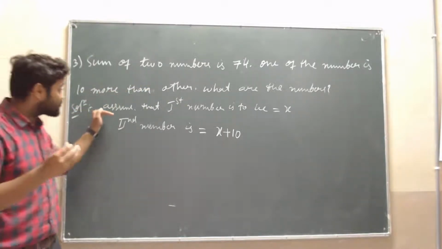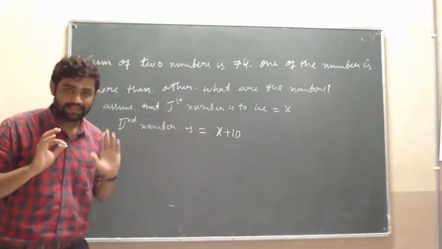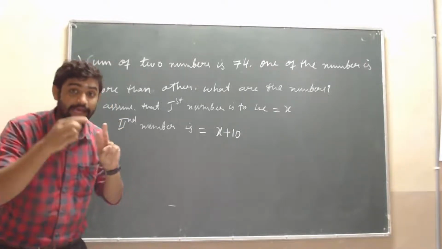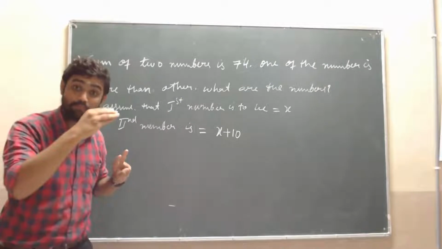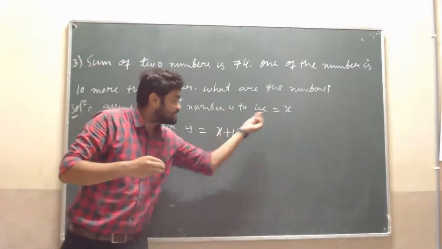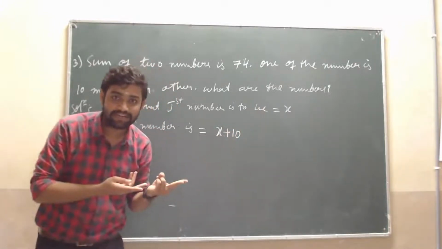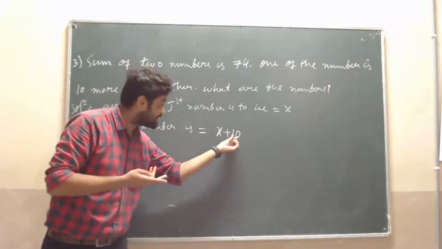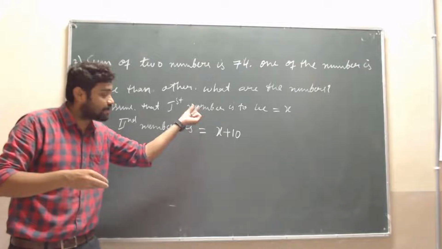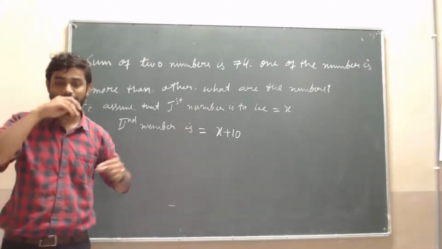That's why we have assumed that first number is x, and second number is 10 more than the first number. The other number means the first number only. Then first number we have x, and second number we have x plus 10.